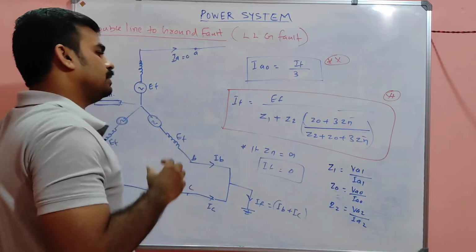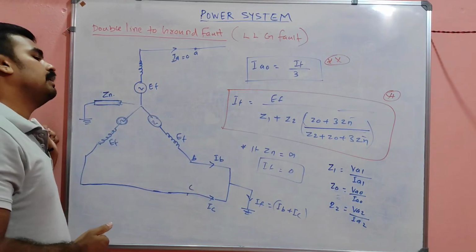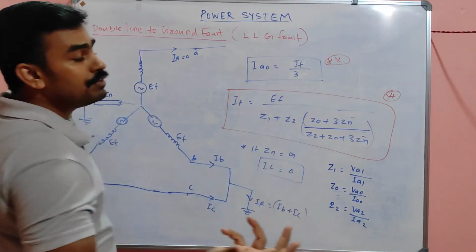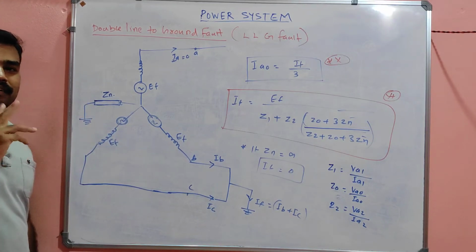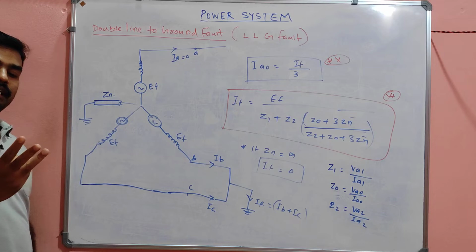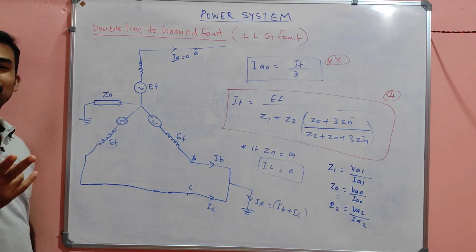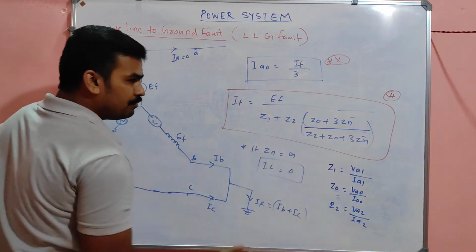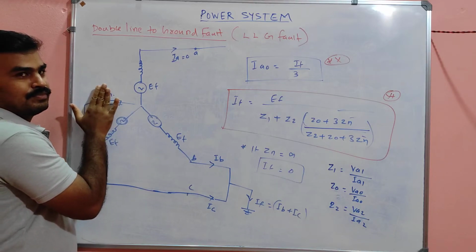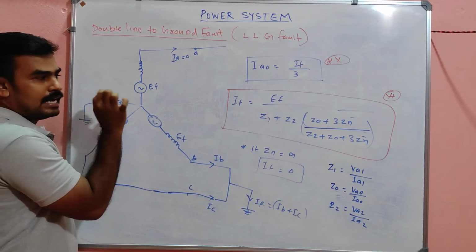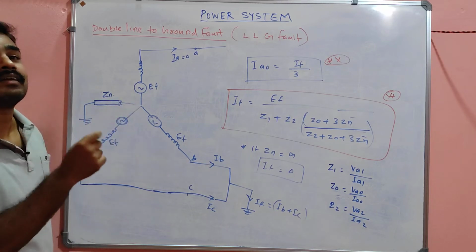And one more condition you can apply. What happens if Zn is equal to infinity? Zn equal to infinity means there is no earth connection. The star point of the alternator is not earthed.